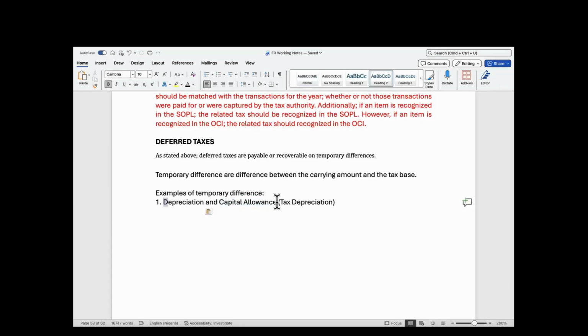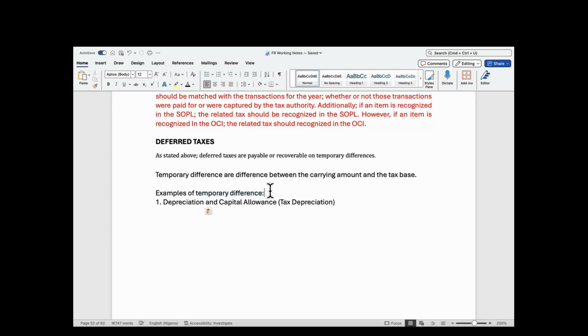So the reality of this difference is that ultimately, over the life of the assets, the amount will be the same. So that is why this difference is really temporary. It's just a difference for each year for now.